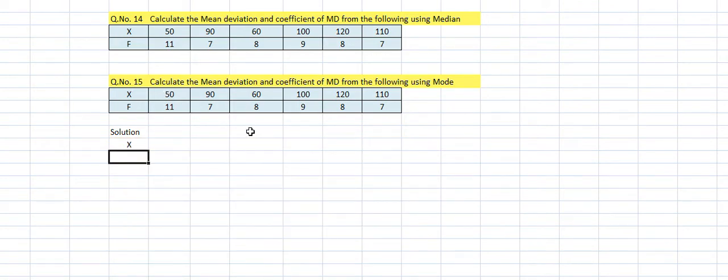So your x numbers are 50, 90, 60, right? I think both numbers are the same, so I will change the numbers.